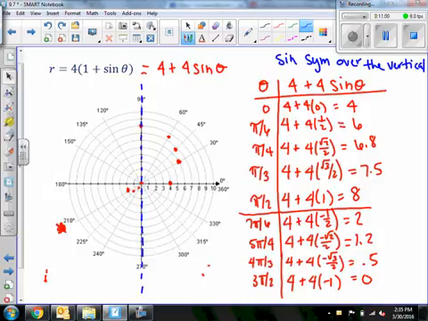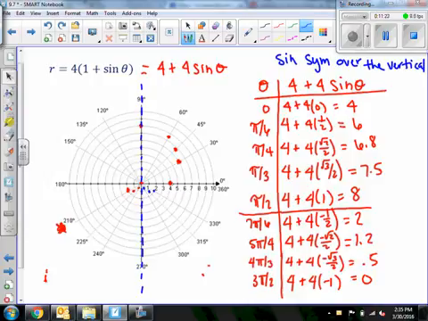I could create and fill in the rest of this just using symmetry. So just using the symmetry here, I know that this point is going to match up to this point right here, and right here. So just filling those in, those blue dots there, are symmetric to these red dots here.